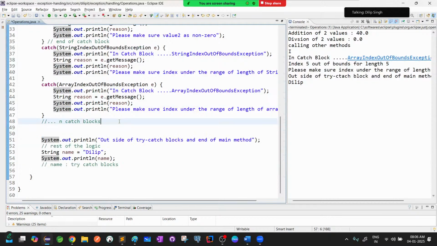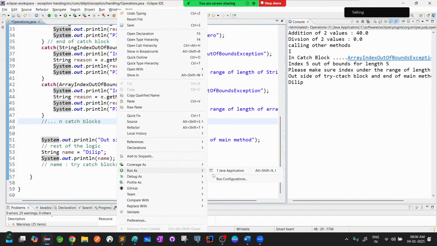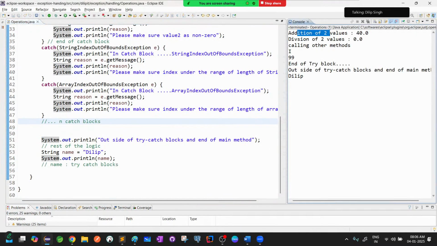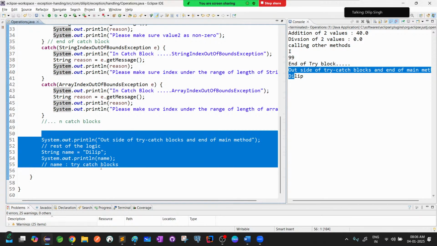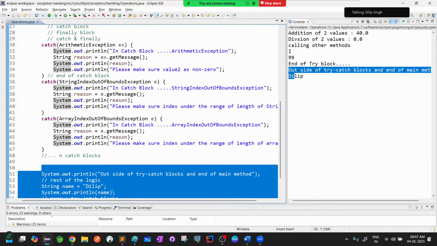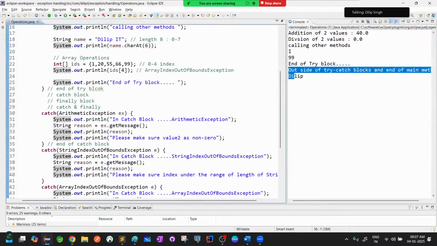It comes here. It's all about the happy path. Say addition happened, division happened, string index happened, array index happened, successfully the try block is executed, and no exception means no catch blocks executed. So it is moving to the logic outside of the catch block. So this is the scenario we discussed.